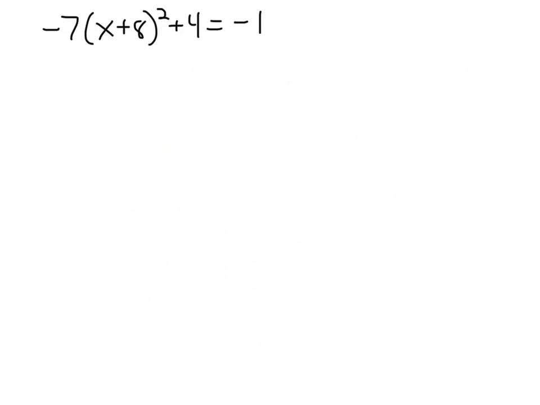Okay, in this next example, it's a little more complicated. The expression inside parentheses x plus 8 is squared, but you have some other things attached to it, like the negative 7 is multiplied and the plus 4 is added. So the first step is to get the x plus 8 squared, that part right here, I'll circle it, to be alone. So you'd first subtract 4 from both sides, which would give you a negative 5 on the right-hand side.